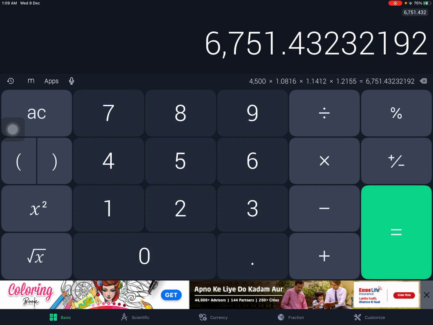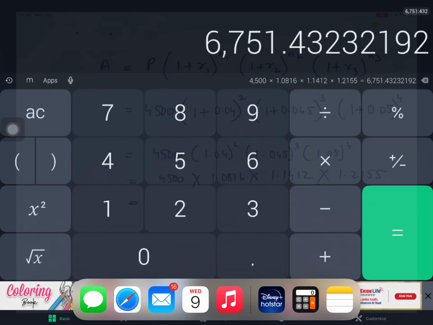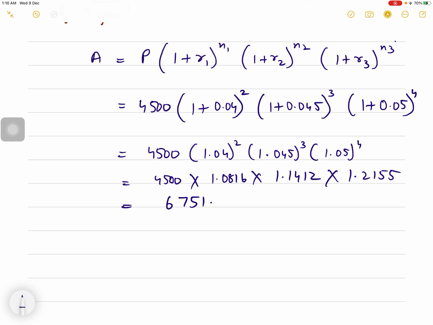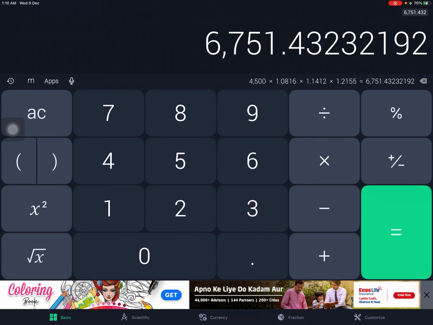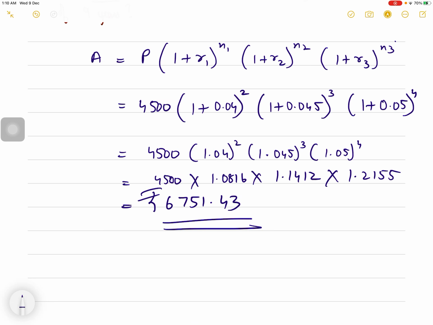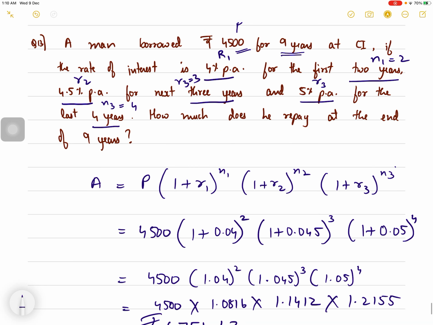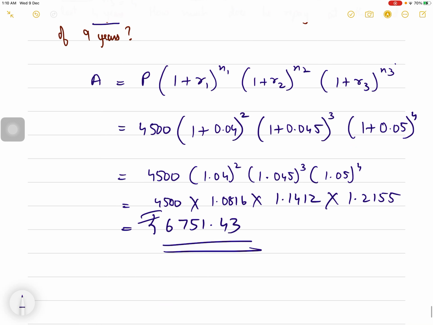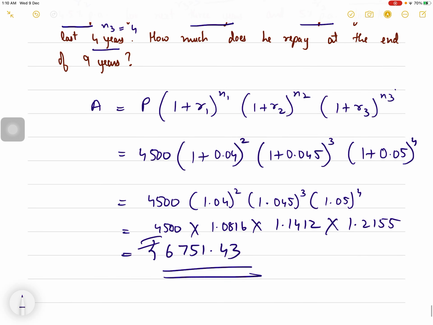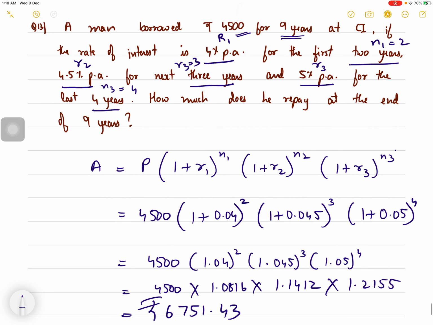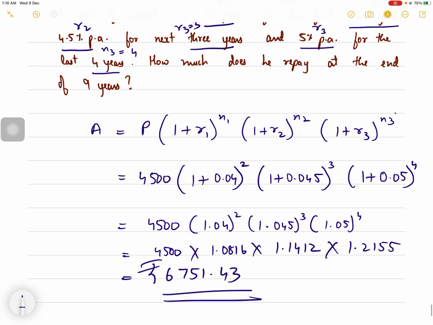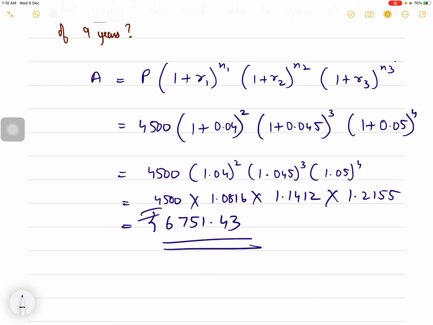So the amount is 6751.43, and this is what is asked. How much does he repay at the end of 9 years? So he has to repay 6751.43 after 9 years. And by this we complete this chapter. Thank you very much.